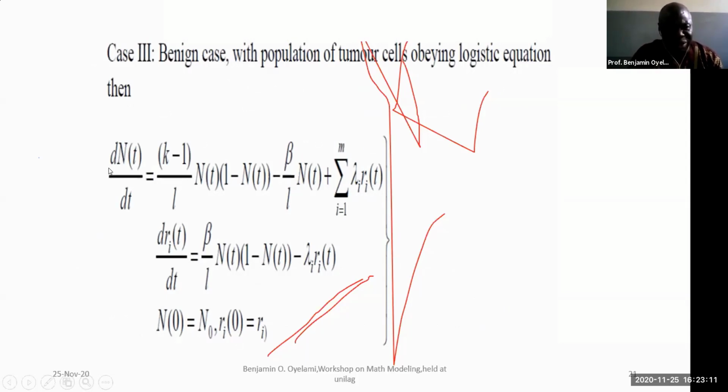Then this equation simply became an equation in which all the parameters are inside, so we can easily solve it and begin to study the behavior of the cancer cell as well as the immune system within the system. So for these parameters, we need data, that is, use of statistics, different modeling statistics, to estimate the parameters. So when we put the parameters in, we can easily solve the equation.